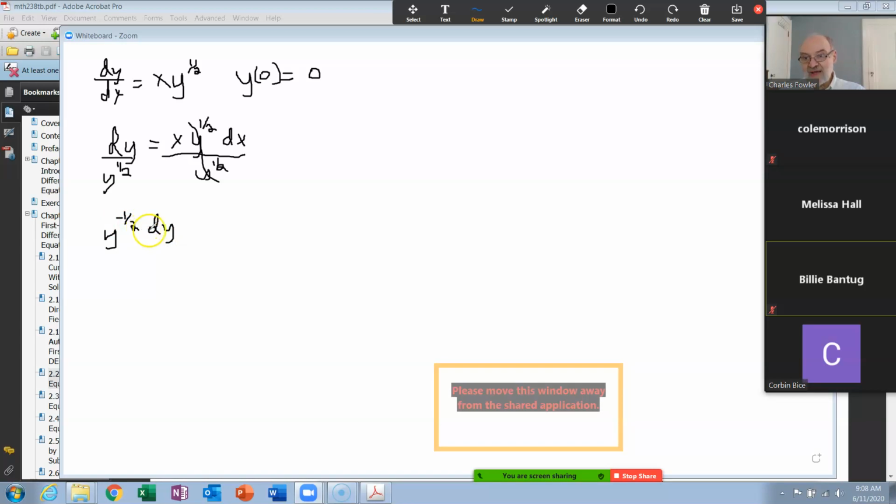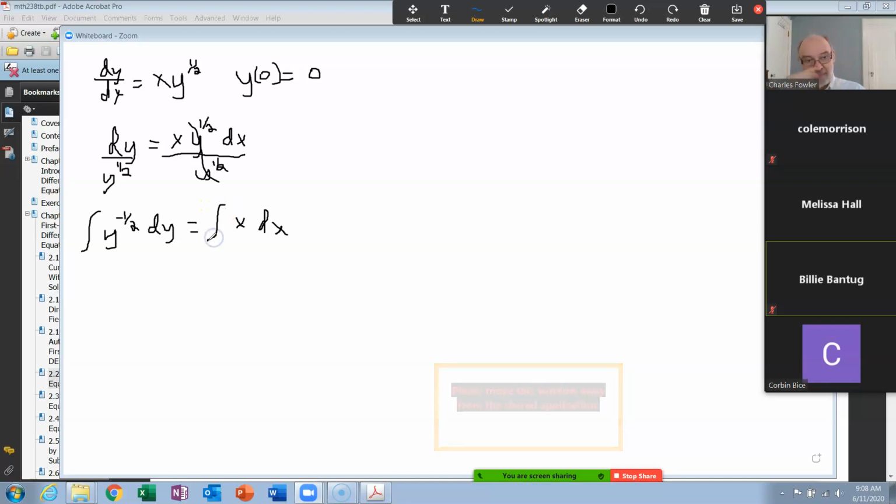So this side is equal to what's left over here, which is just x dx. Ugly x. Okay. Now what we do is integrate both sides.